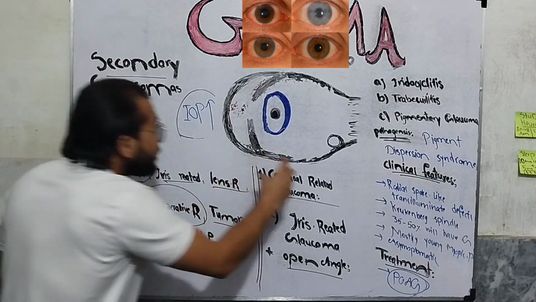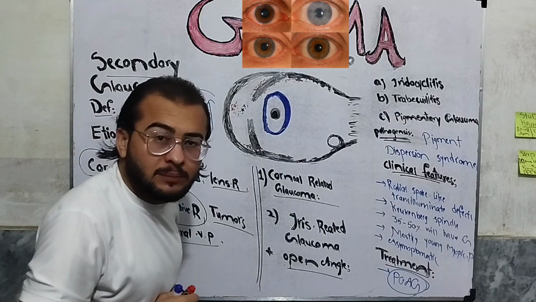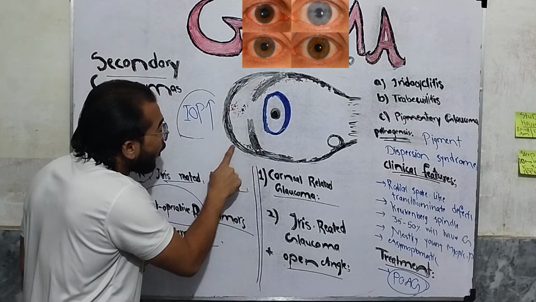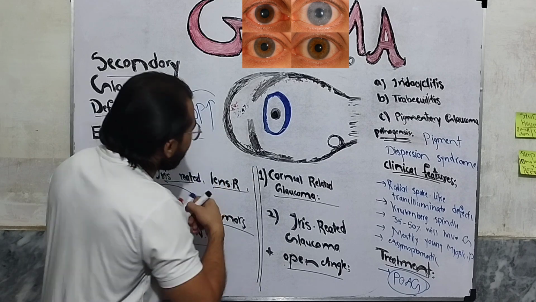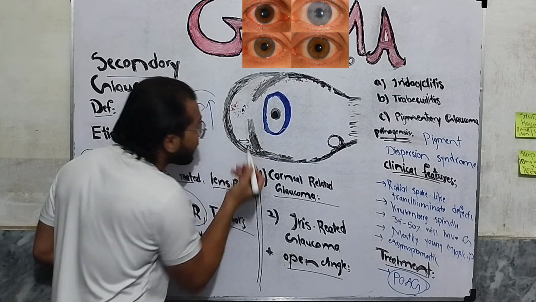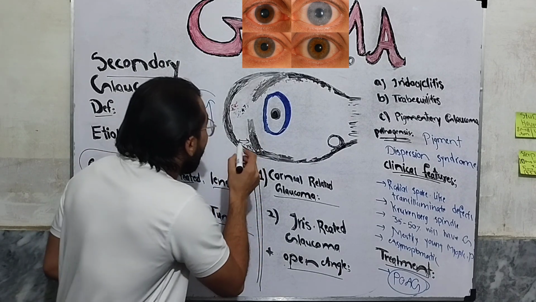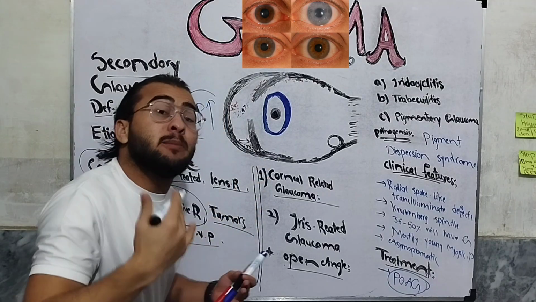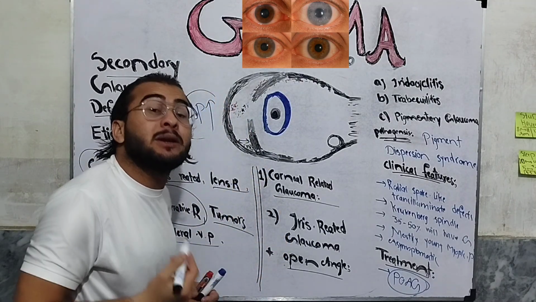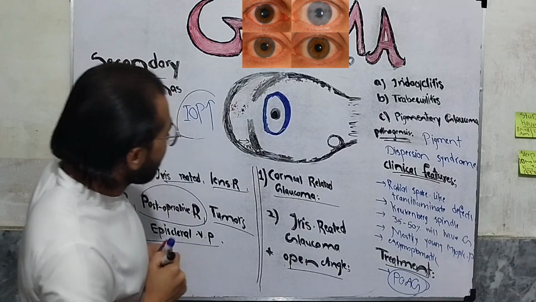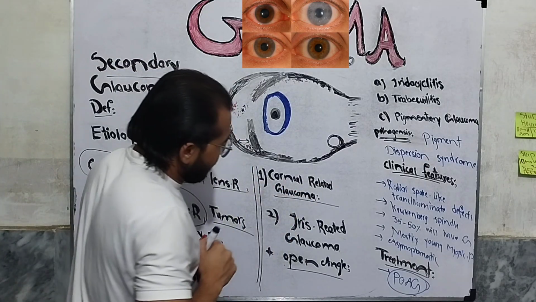This is called corneal-related secondary glaucoma. Remember, it is an open-angle secondary glaucoma. The anterior chamber angle is open; only the trabecular meshwork perforations have been blocked by these inflammatory infiltrates. So this is the corneal-related.